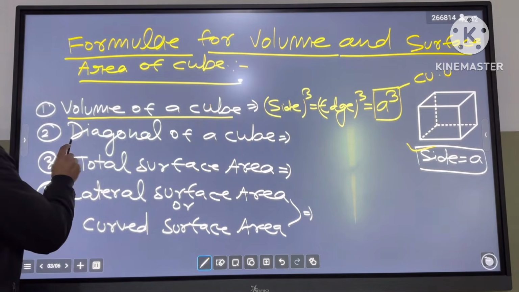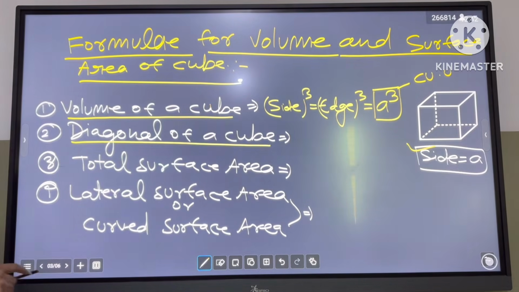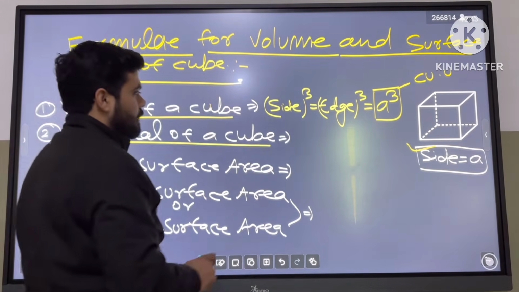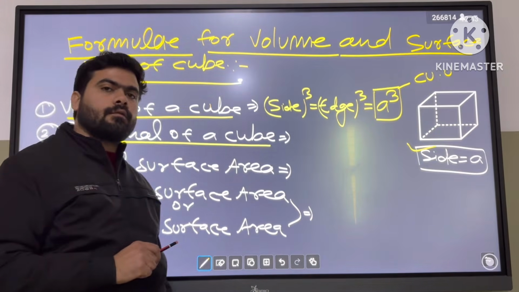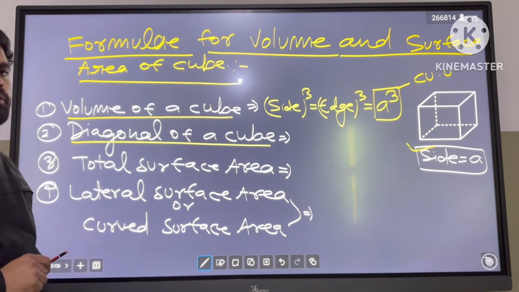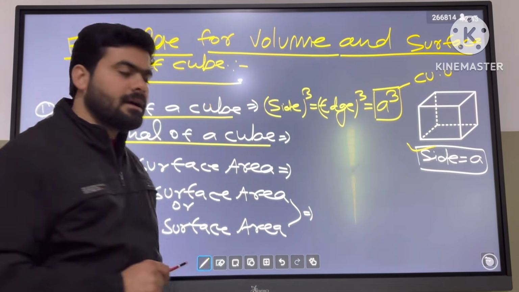And the second formula, diagonal of a cube. What is the formula of the diagonal of a cube? What was the formula of the diagonal of a cuboid? Square root of l square plus b square plus h square.